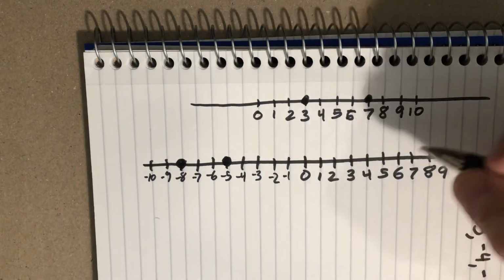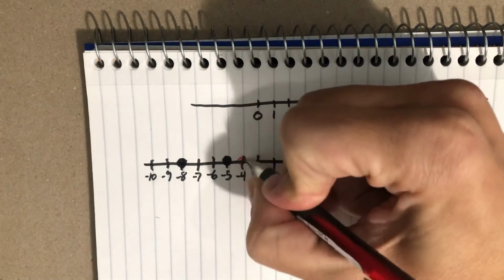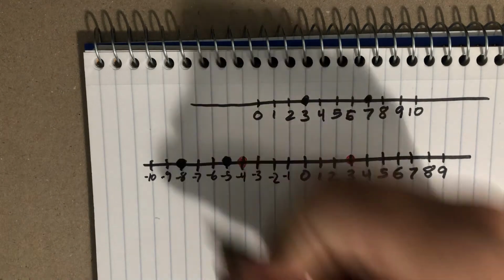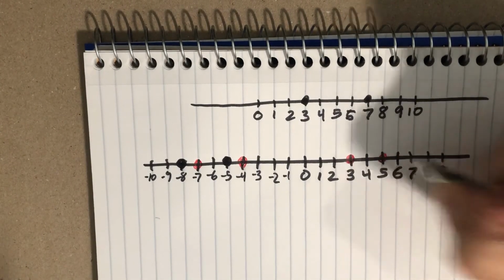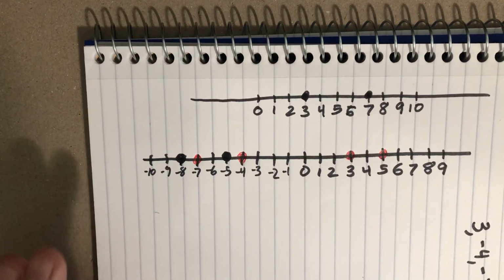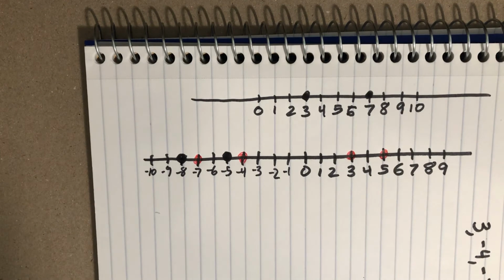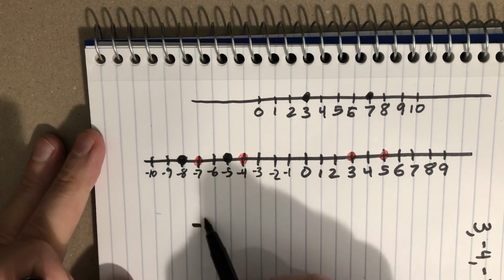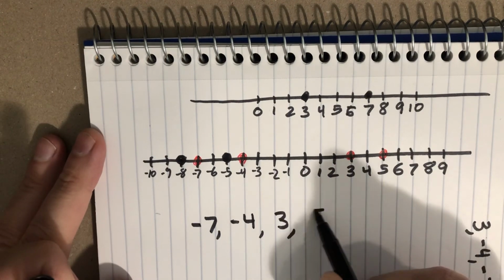So it was +3, -4, -7, and +5. Now that I've drawn those on the number line, I can very simply choose in order from left to right. So my numbers in order from least to greatest would be -7, -4, 3, 5.